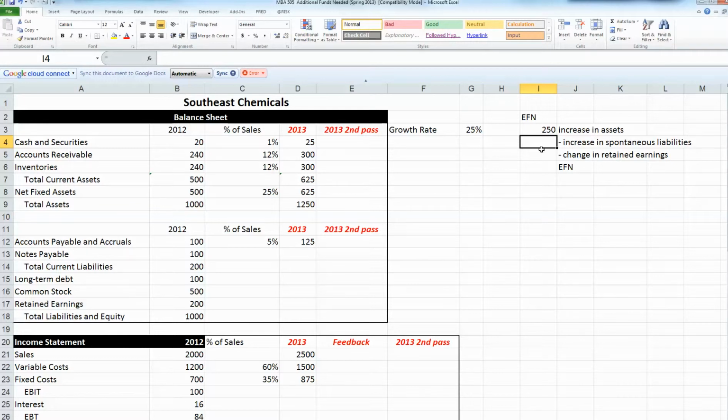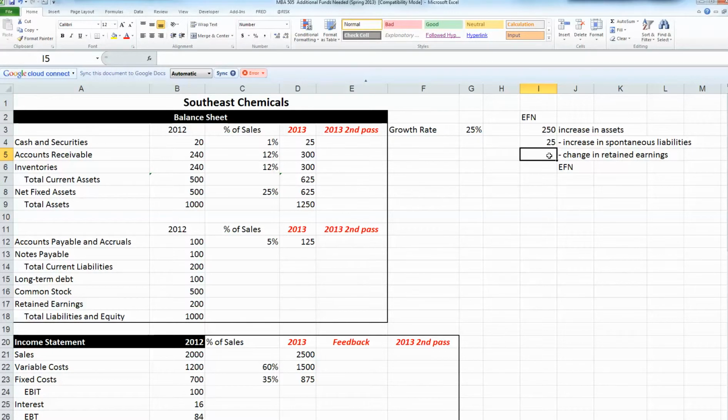Now, to find my increase in spontaneous liabilities, I can take 2013's expected accounts payable and accruals and subtract 2012's actual value. So take this 125, subtract the 100.